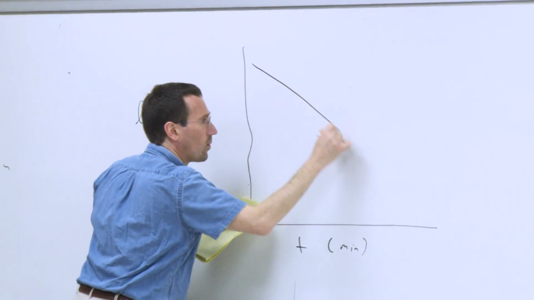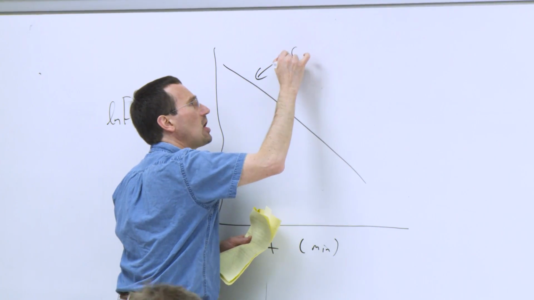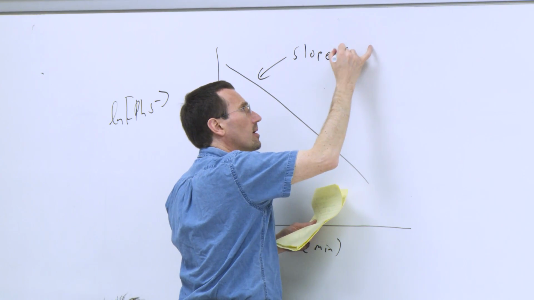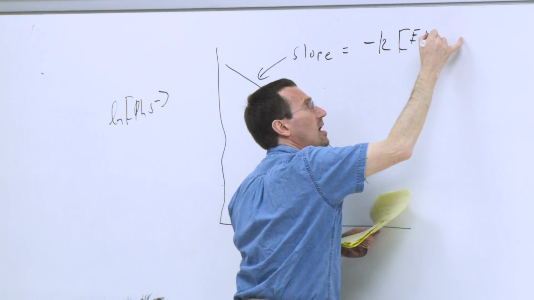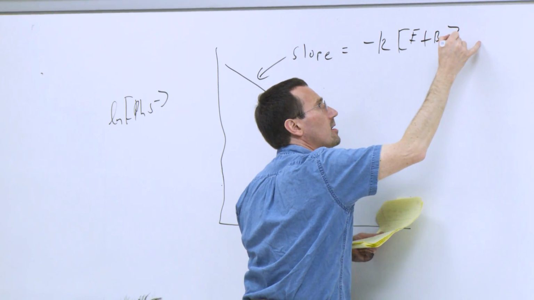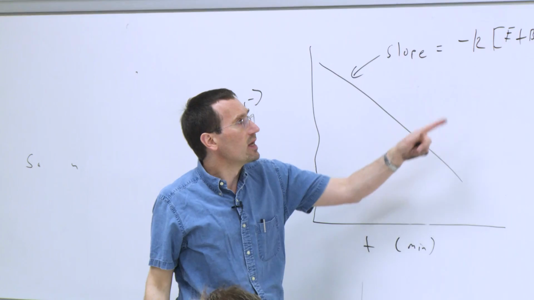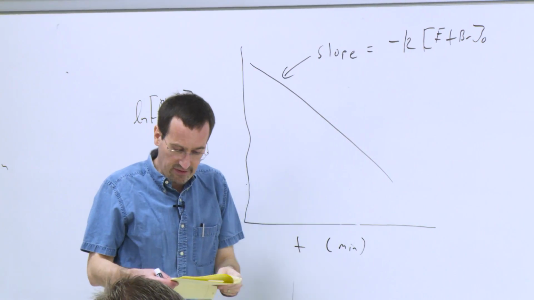And now, when we plotted these data, our slope would be negative k times concentration of ethyl bromide naught. In other words, in this particular example, it would be negative k times 0.5.